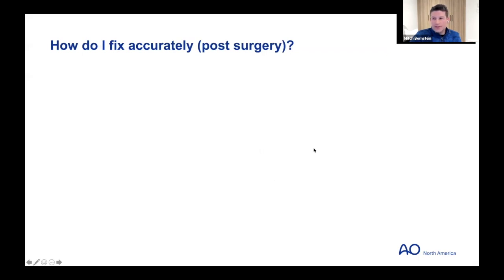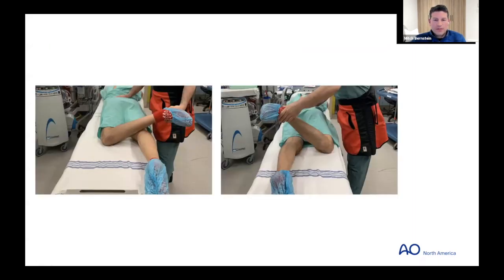How do I fix this? This is back to my case of my patient that I caused a malrotation. So how do I fix this accurately, and how do I diagnose this? Prone physical exam. This is me in the operating room. This is the leg that I malrotated. This is him prone.